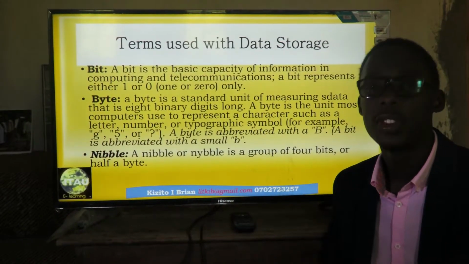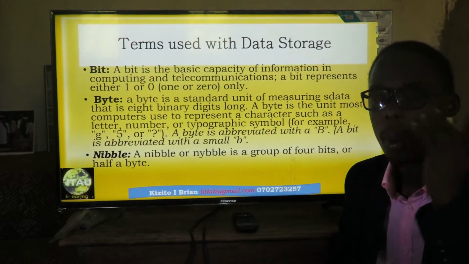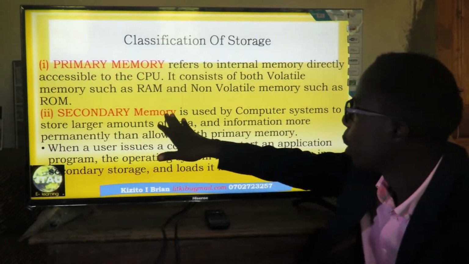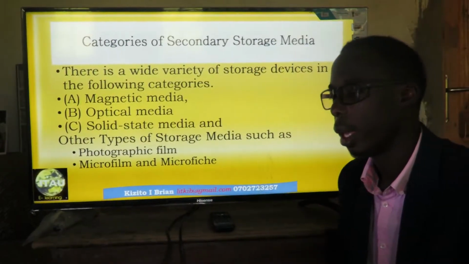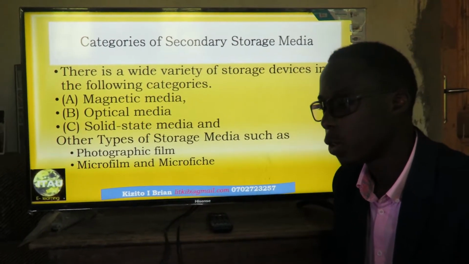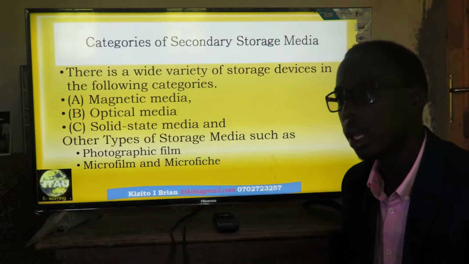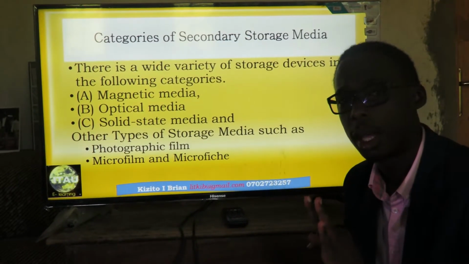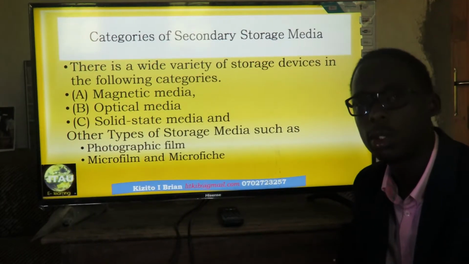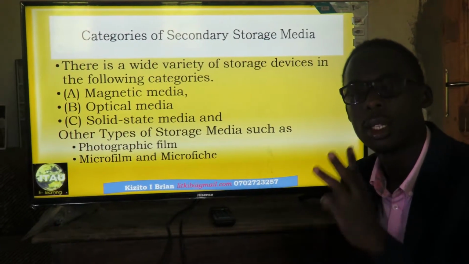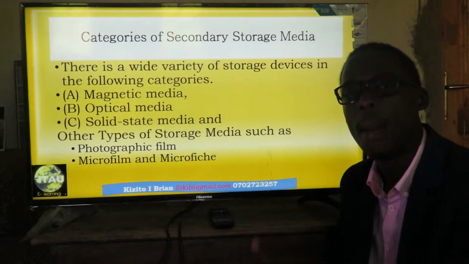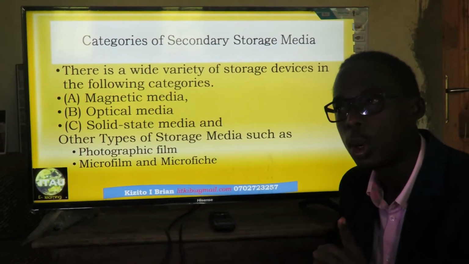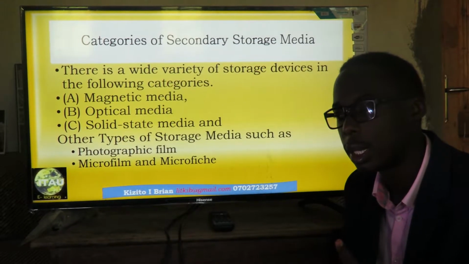A nibble is a group of 4 bits of storage: primary memory and secondary memory. Categories of secondary storage. Secondary storage is basically categorized into 3 main categories: solid state storage devices, magnetic storage devices, and optical storage devices.